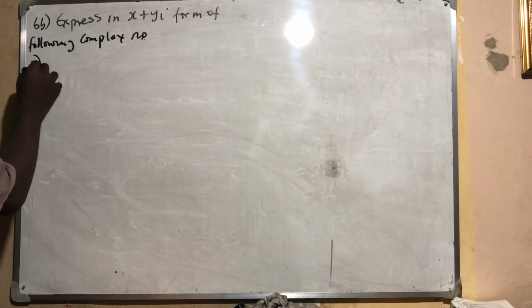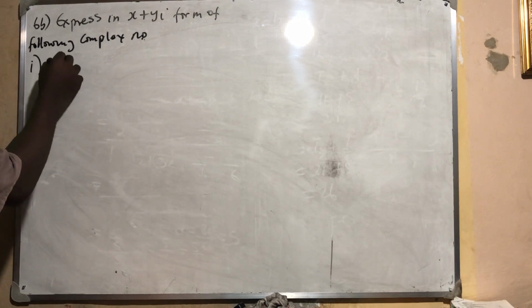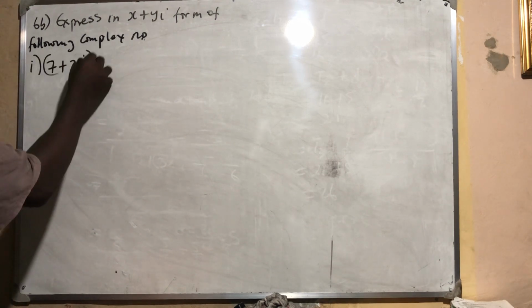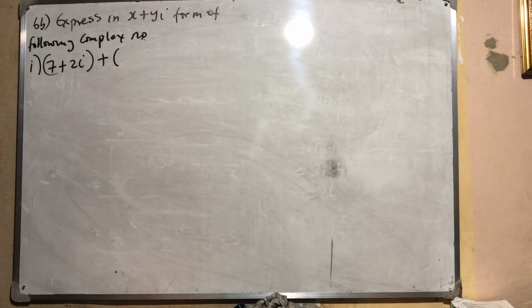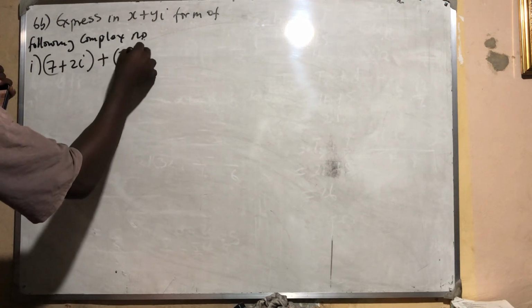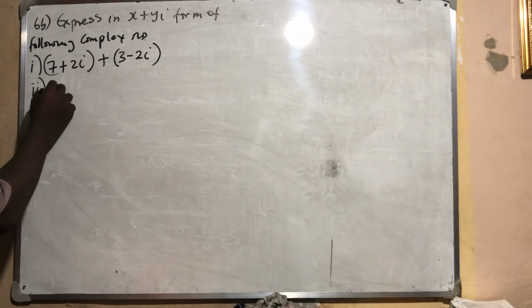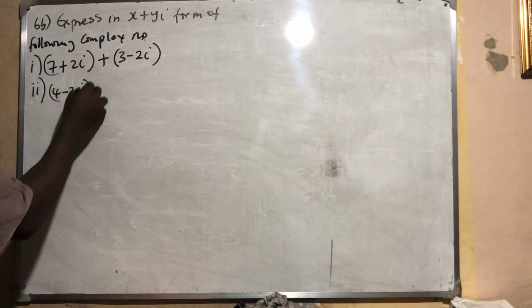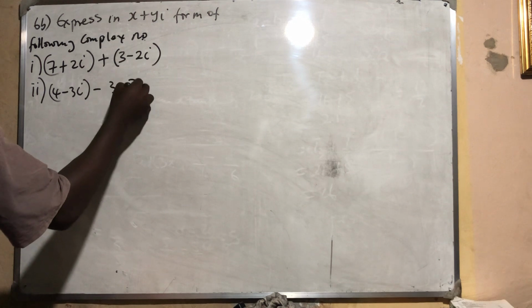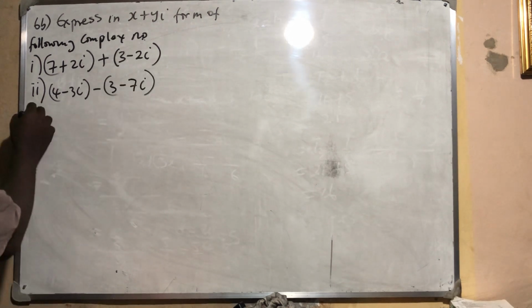The first question there says 7 plus 2i plus 3 minus 2i. The next question says 4 minus 3i minus 3 minus 7i. All right.